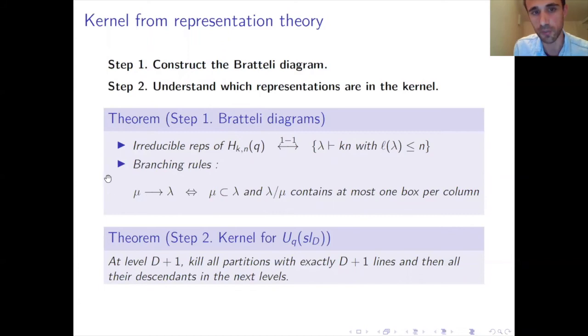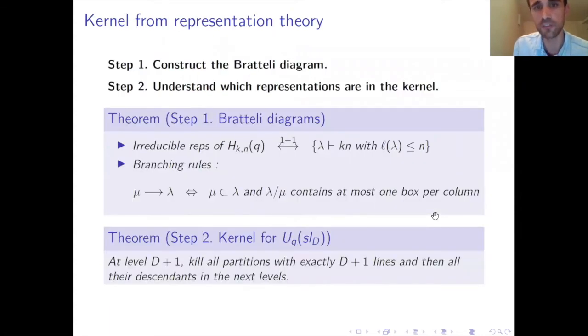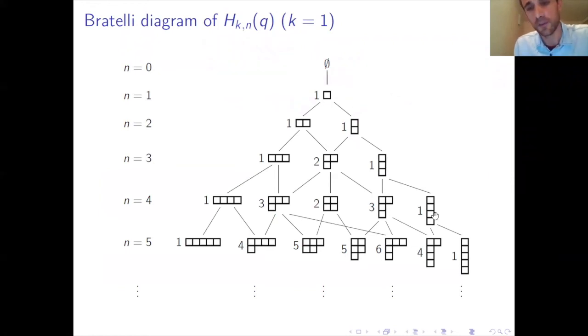This first step does not depend on D, and the second step depends heavily on the dimension D. Okay, so let me go back here. This picture is the first step, the whole representation theory, and these 2 examples are examples of the second step, in identifying which representations are killed by the kernel. Okay, so let's do this, and I will actually speak about the non-fused situation because it's going to be very similar.